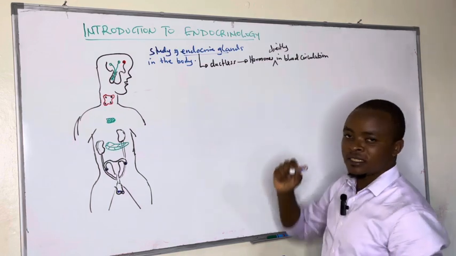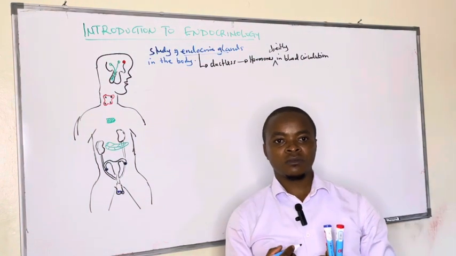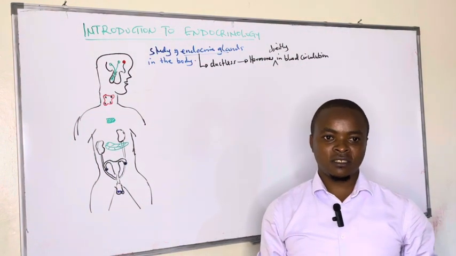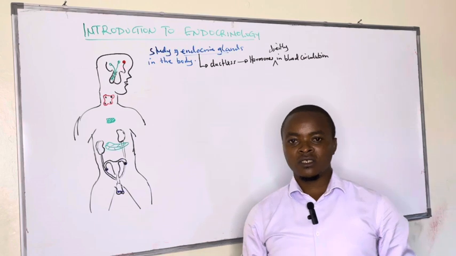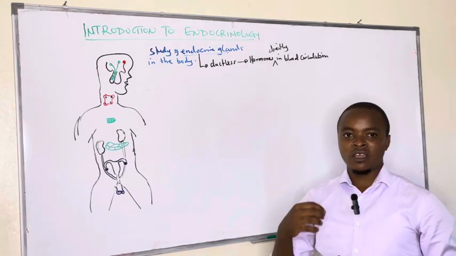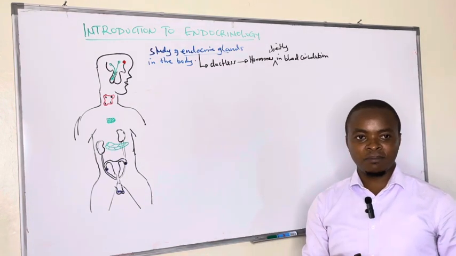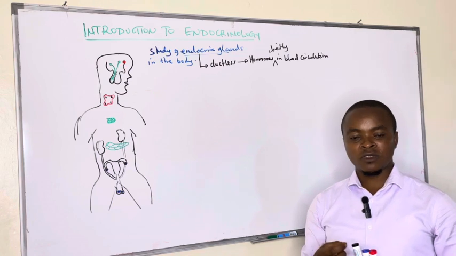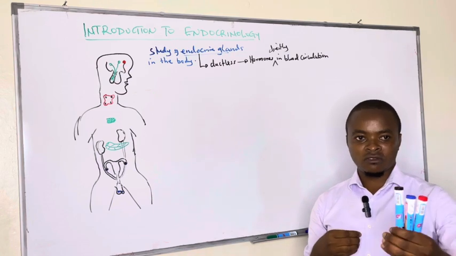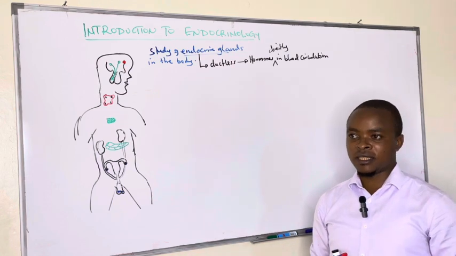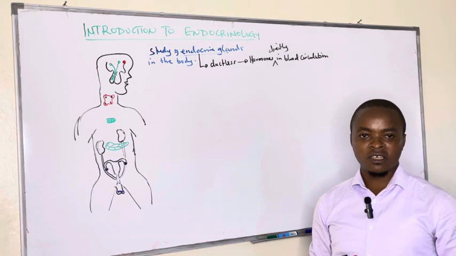And it is the blood that transports them to their target site to produce their effect. So we see these endocrine glands releasing hormones in the blood, and then blood transports them from the point of origin to their target site where they exert their physiological effect.